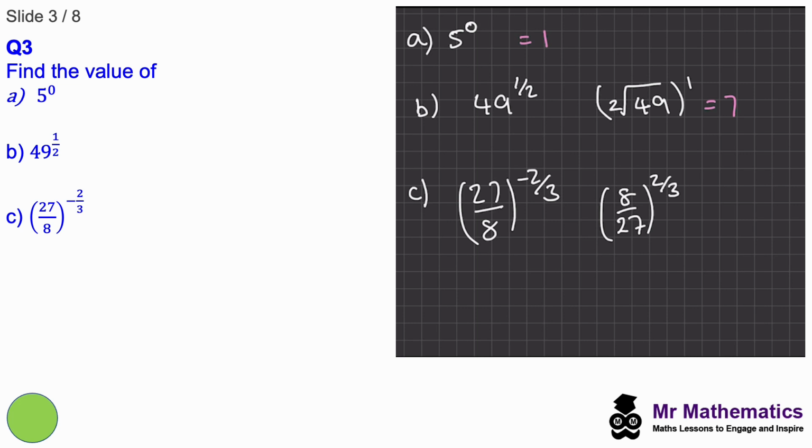And just like we did with question B, we can write this as the cube root of 8 squared divided by the cube root of 27, again squared. The cube root of 8 is 2, and 2 squared is 4. And the cube root of 27 is 3, and 3 squared is 9. So this is 4/9.